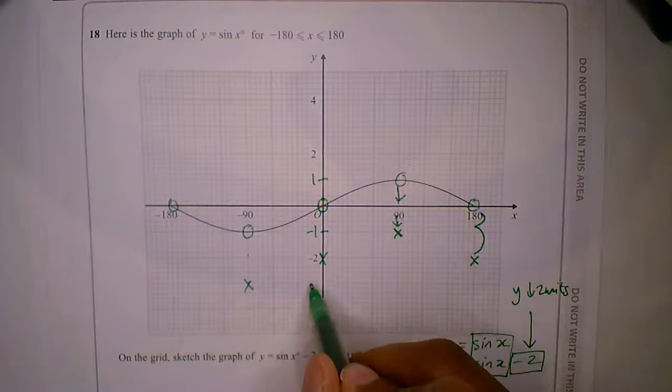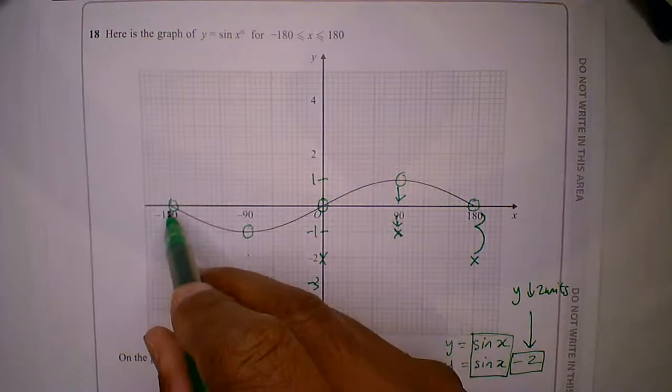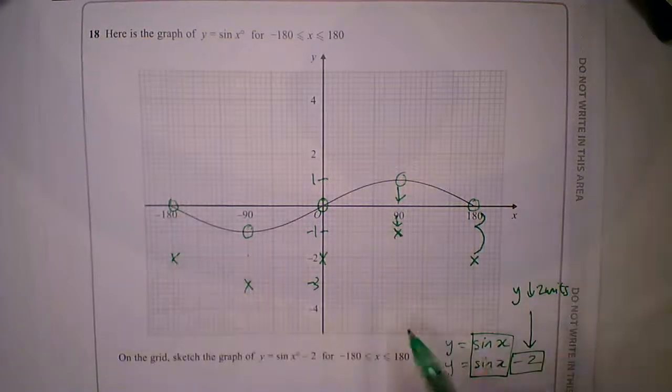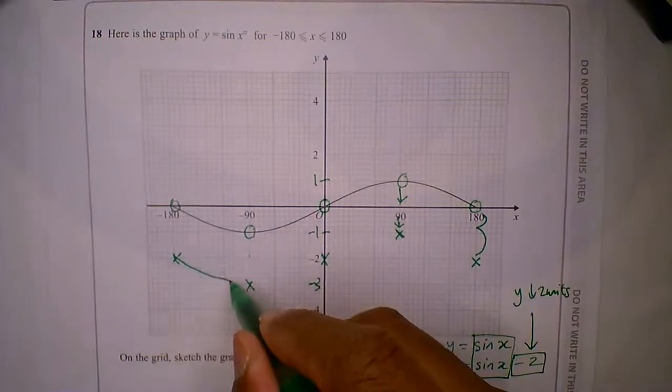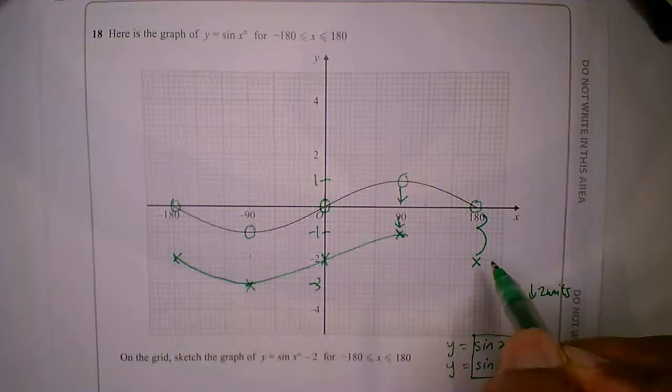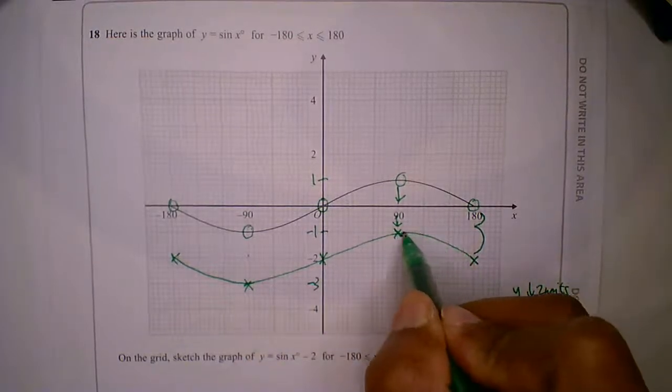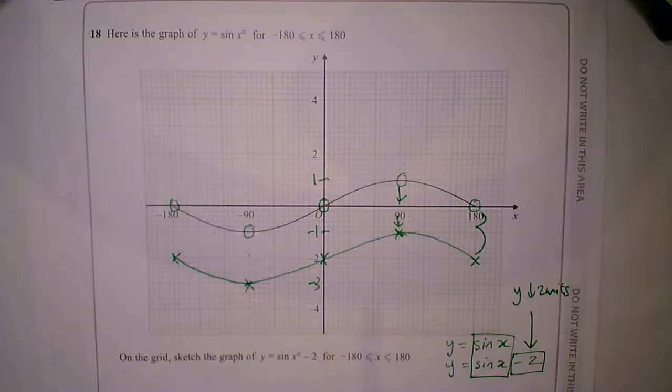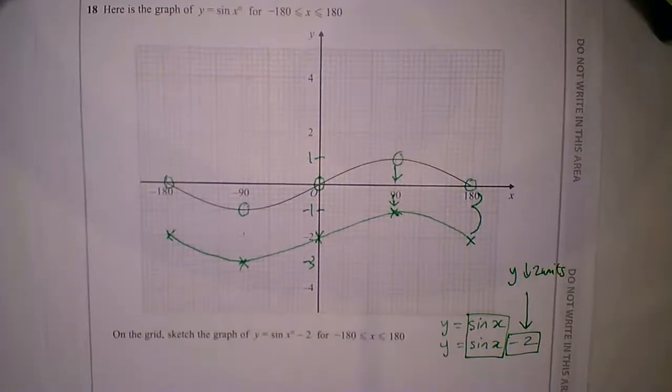So from minus 1, you're at minus 3. And this goes down 2 units. So now I can just sketch my graph, like a sine wave. And the key is those are my key points. So that's a nice, quick 2 marks there.